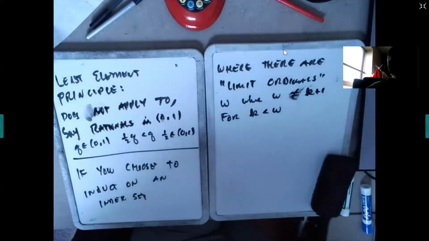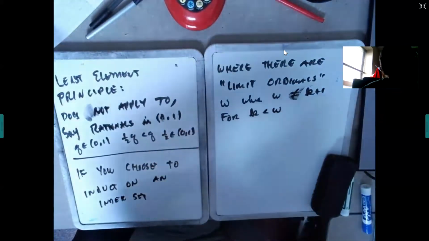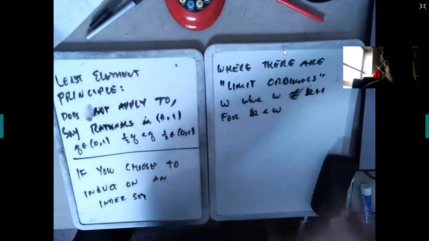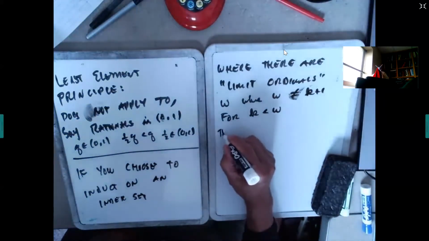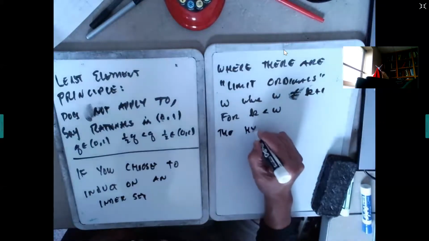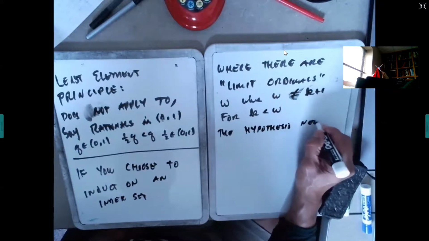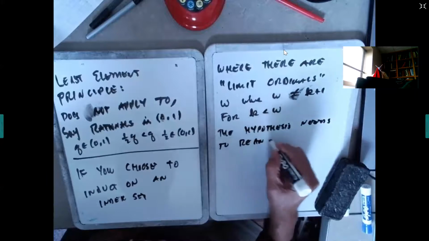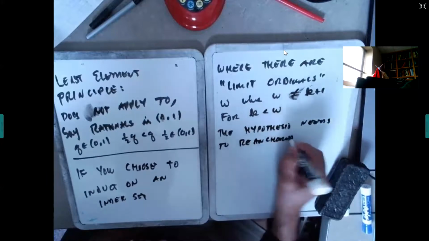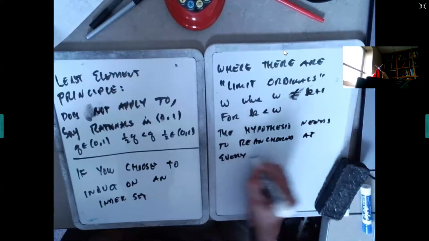Basically that means you can't reach omega via a countable number of steps, so the hypothesis needs to be re-anchored at every limit ordinal.